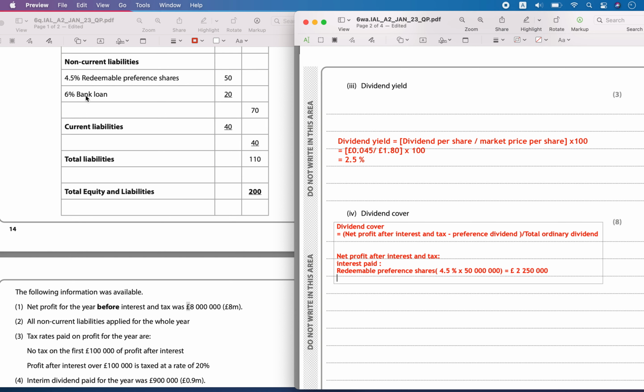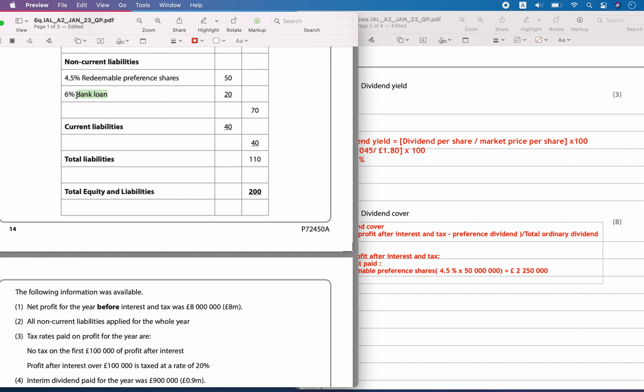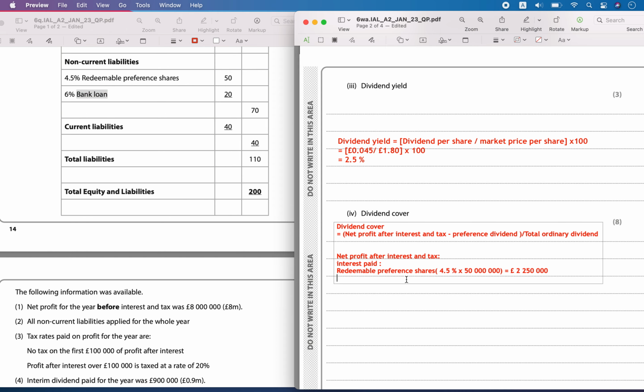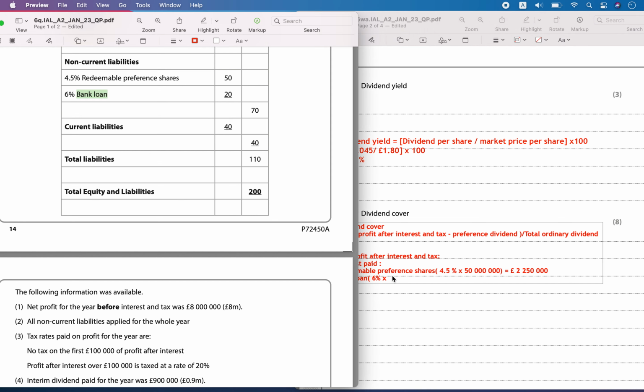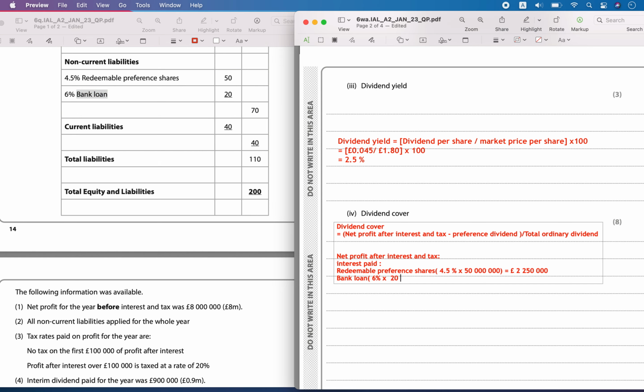And then you also have to pay interest on a bank loan at 6 percent, times the loan amount of 20 million.